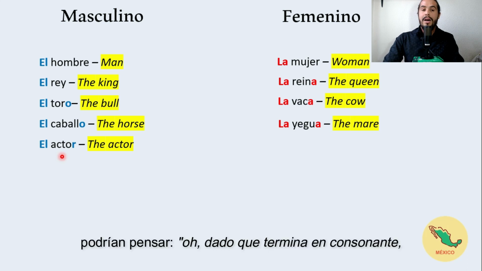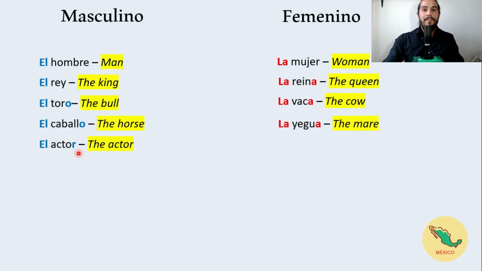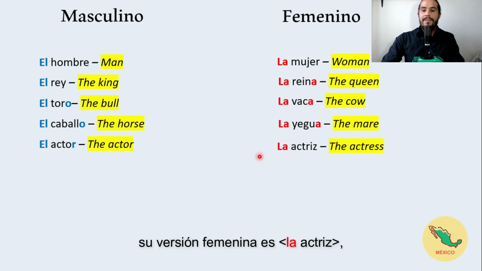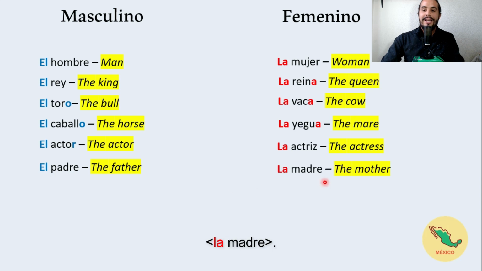You may think, because it ends with a consonant, maybe I only need to add the vowel a. But no, you have la actriz. El padre, la madre. El papá, la mamá.